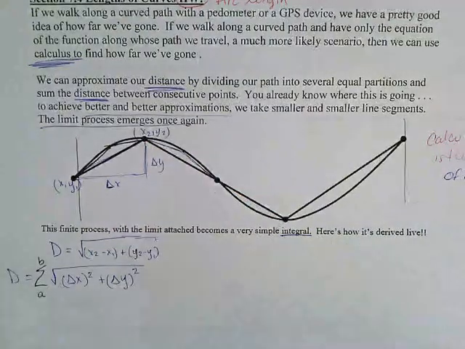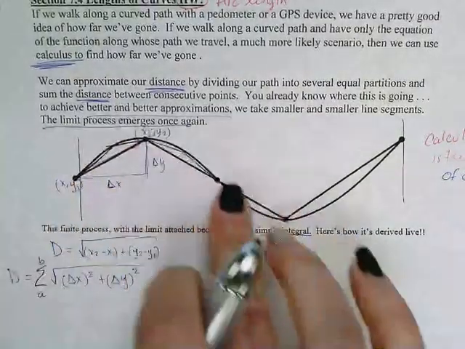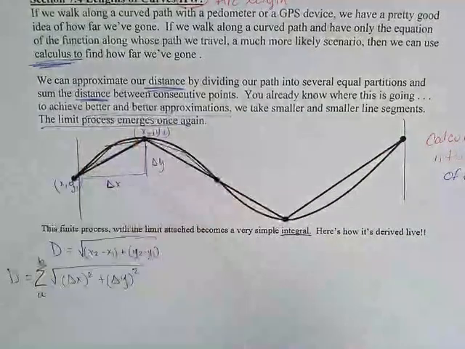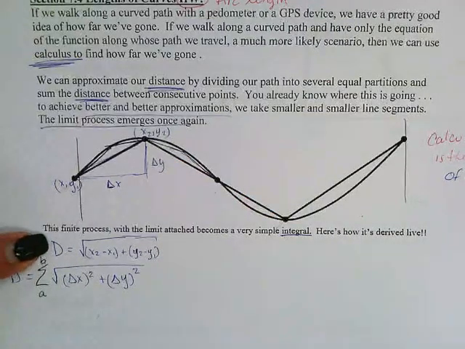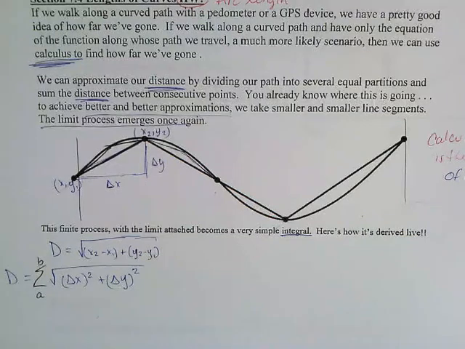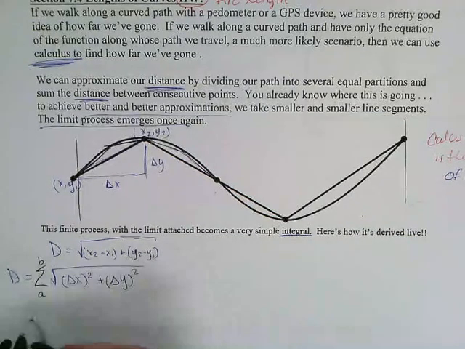And then you would add them all up, but of course that's tedious. So we have an equation to figure out the approximate length of the arc that starts off with this idea, and then eventually we're going to use the definition of limits.